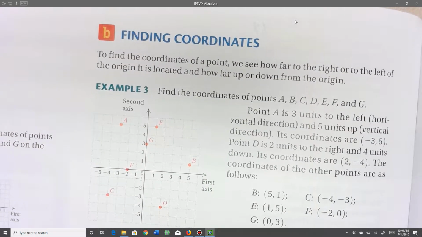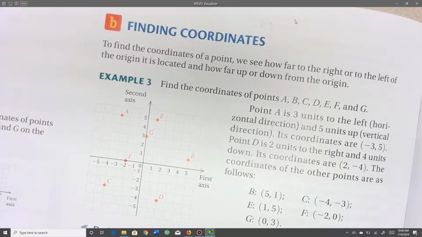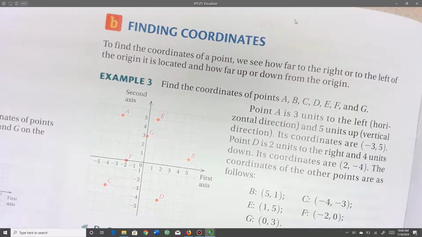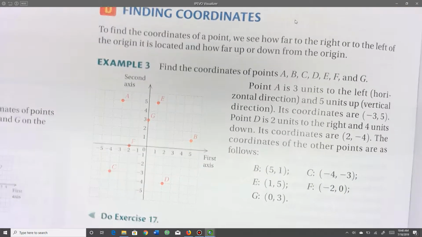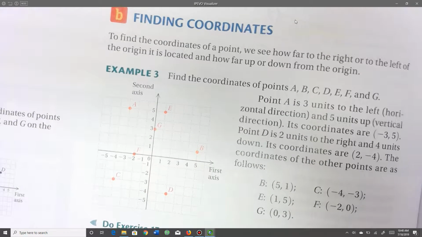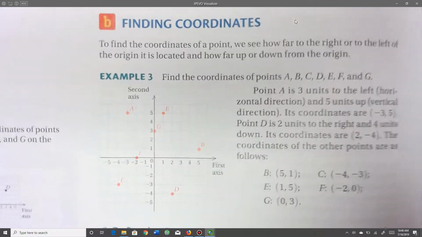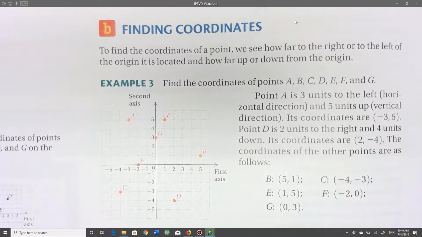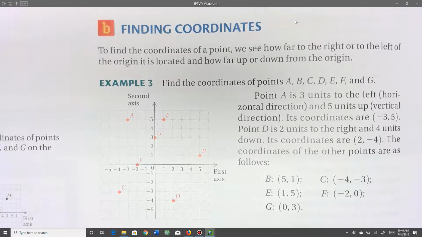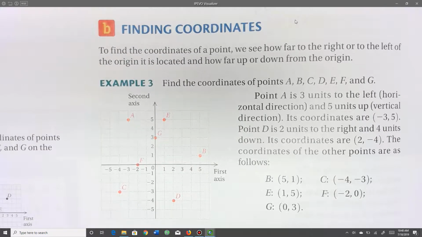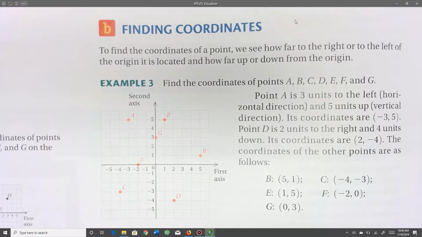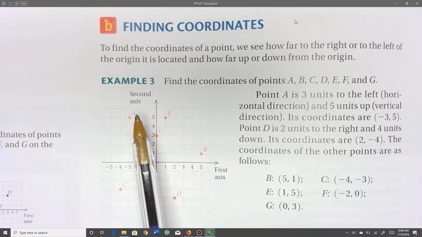because now we need to learn how to find coordinates. Okay, so let me, where's this one? No, there. All right, finding coordinates. Well, if you think about it, this is the opposite of what we did.